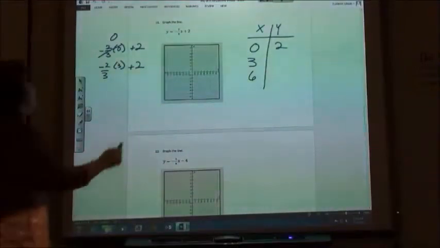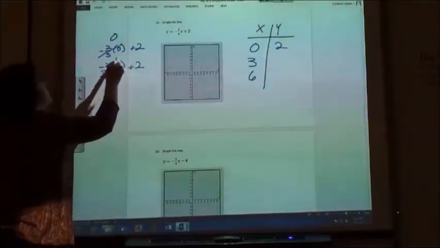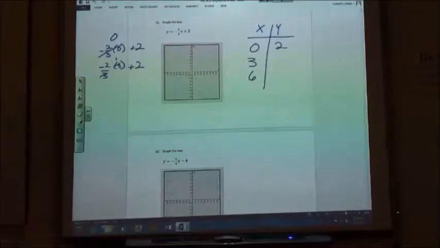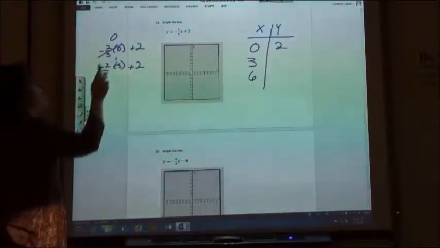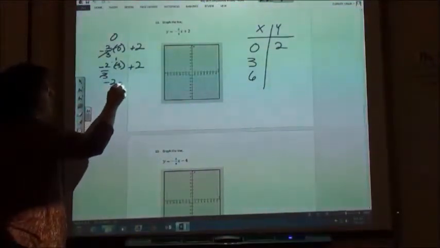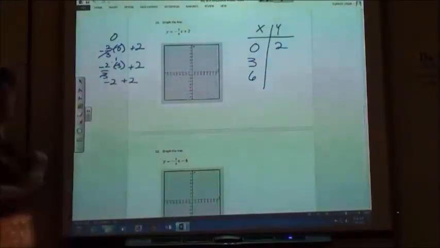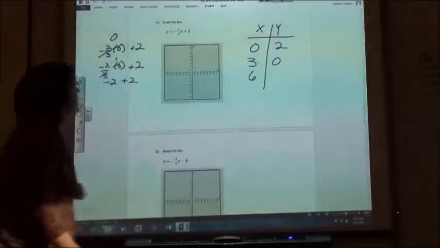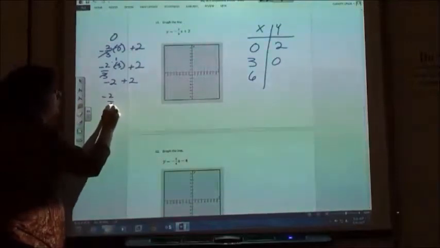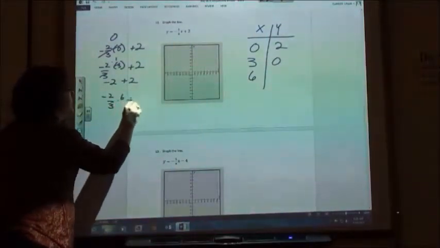Negative 2 times 1 is negative 2, plus 2 is 0. Then negative 2/3 times 6 plus 2.